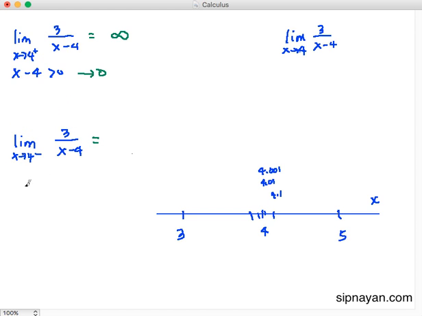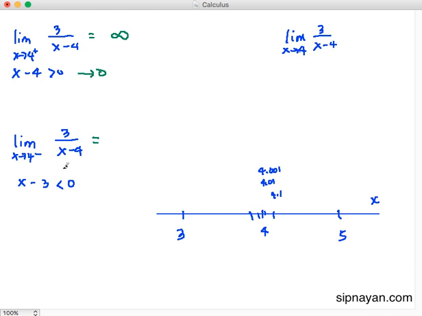So, dito, sabi natin kanina, x minus 4 is negative. So, it must be less than 0. No? And, saan siya nag-approach? Nag-approach sa 4. Kung nag-approach sa 4, katulad nung kanina, nag-approach dito sa 0. So, palit ng palit yung difference nila, no?